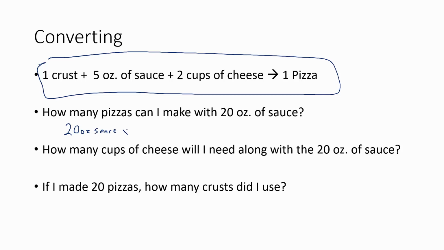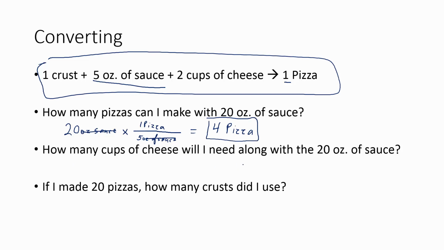I am going to use a conversion ratio from here, specifically the 1 pizza and 5 ounces of sauce, because I want to get units of pizza, and I want to cancel out ounces of sauce. 20 times 1 over 5, I have 4, and my unit is pizza. So that's how we calculate this.